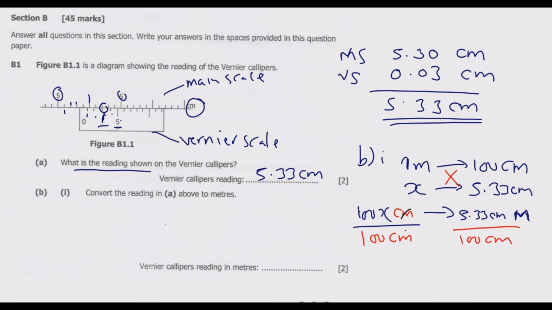This centimeter and this centimeter cancel, this 100 and this 100 cancel, then we remain with x is equal to 5.33 centimeter meter divided by 100 centimeter. Similarly this centimeter and this centimeter cancel, then 5.33 divided by 100, we end up with 0.0533 meters.